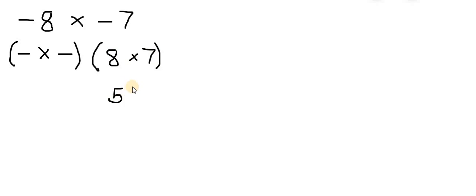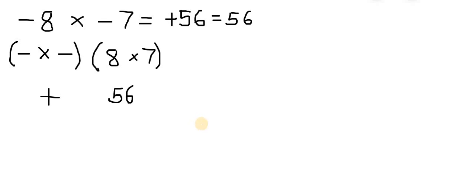And that should give you 56. Minus times minus, from the multiplication of sign rules, should give you a plus. So your answer would be plus 56, which, because it's a positive number, you can just hide the plus sign and say it's 56.